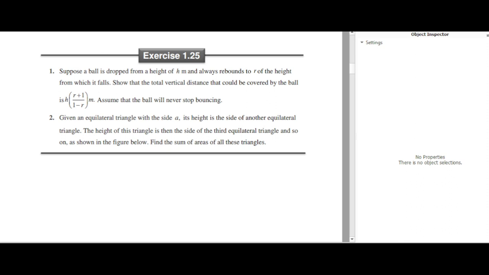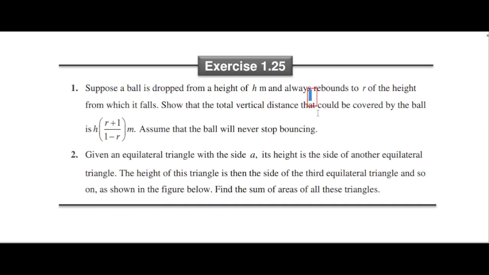To compute this with the geometric series formula, we use h plus rebounds, meaning twice of hr, plus twice of hr squared, plus twice of hr cubed, plus twice of hr to the power 4, and so on.